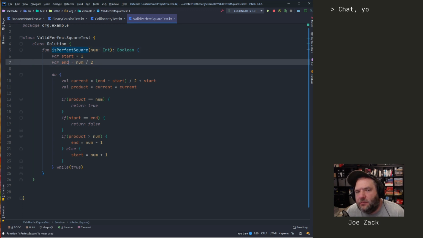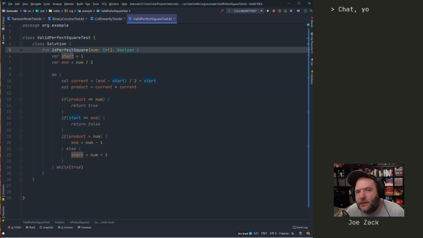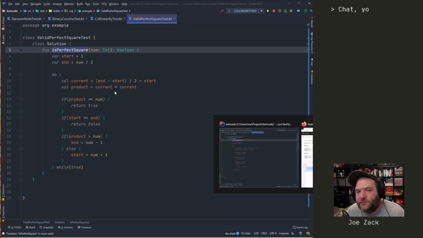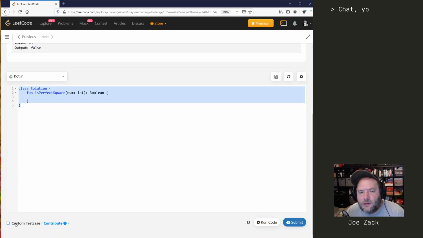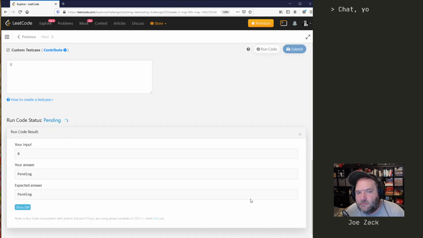I guess so. What would we get there? Start is 1, end equals 0. Yeah, both of those are bad. Is 0 a perfect square? Let's try it. What do they say? I would think yes.